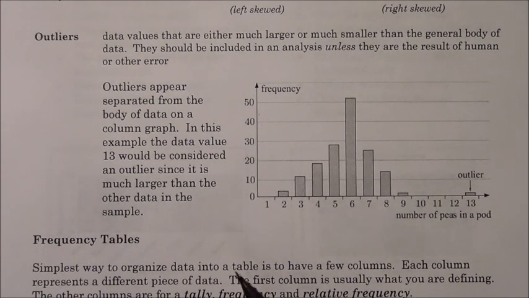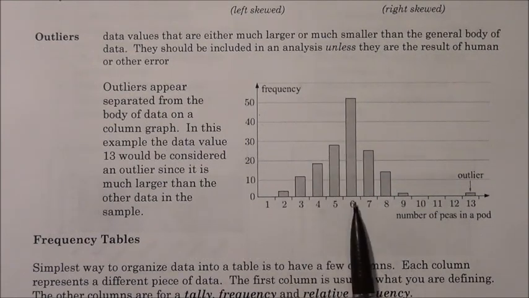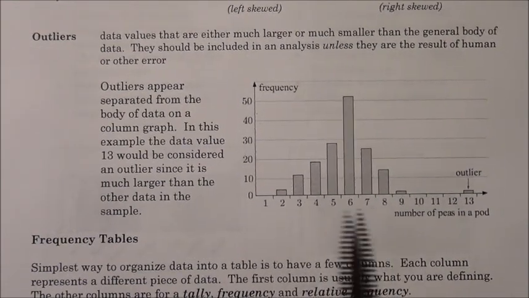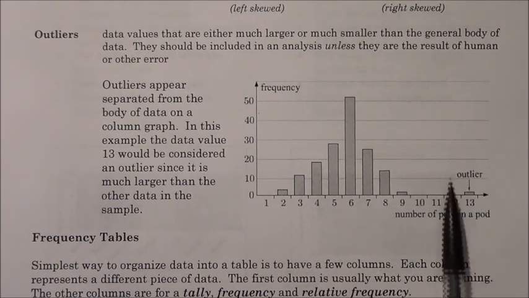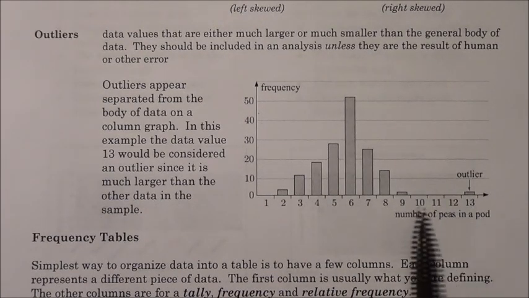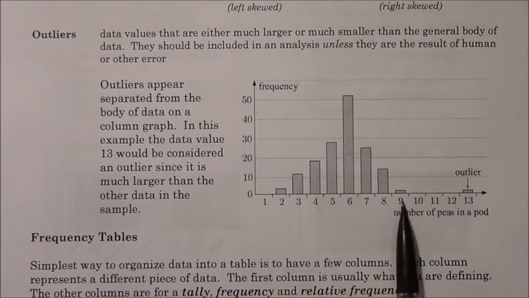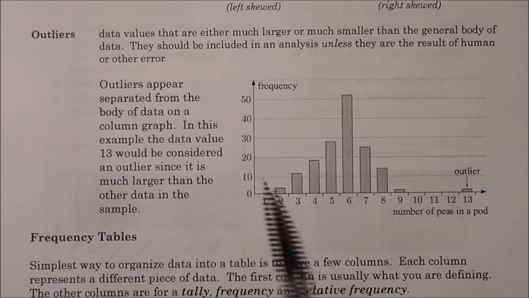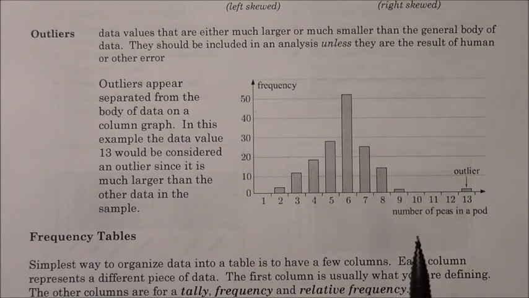So here there's an example where the majority of the data is in this frequency table, or this column graph, and then the outlier is way up here, and that kind of makes sense because it's 4 above the maximum of this general group, and 7 values above what would be the actual median of the group there.